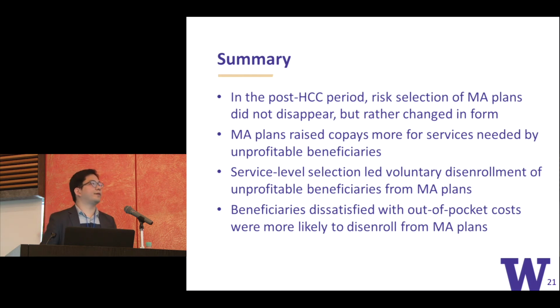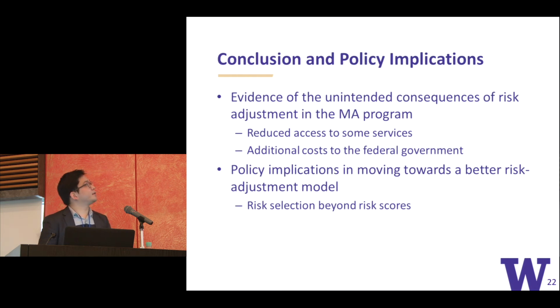And this induced unprofitable people to switch out of MA plans voluntarily the next year. And finally, people who were dissatisfied with out-of-pocket costs were more likely to disenroll from MA plans. And I think this finding strengthened my hypothesis by supporting the idea that disenrollment was attributable to increased burdens on out-of-pocket costs. And this is the final slide.